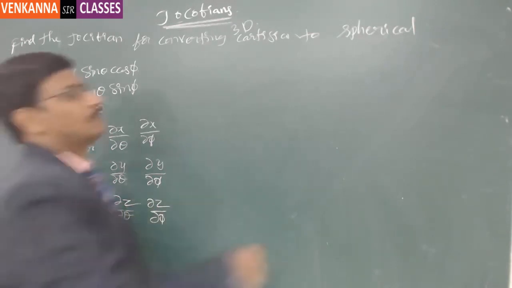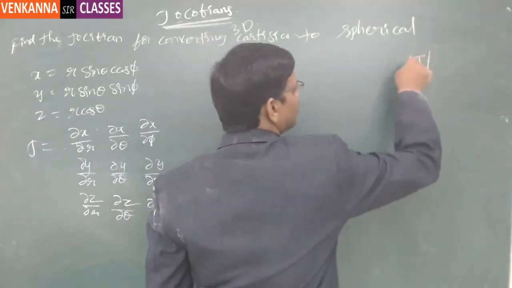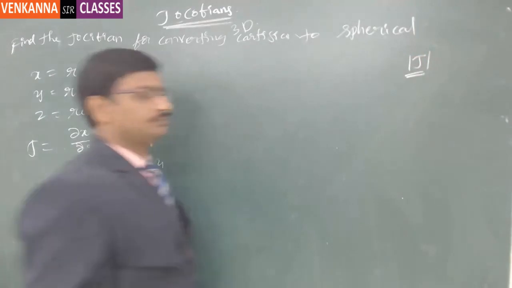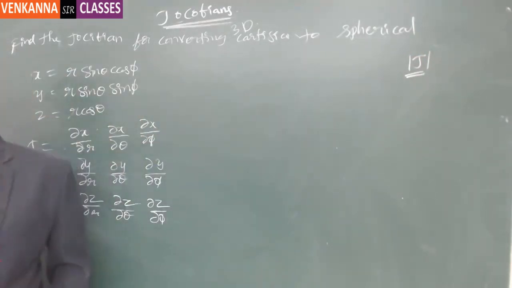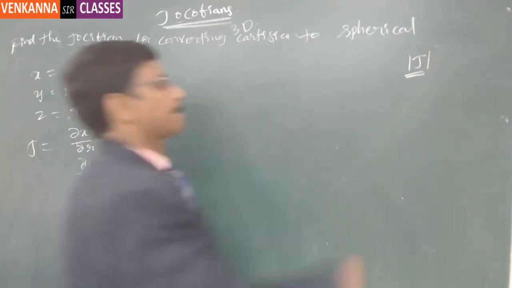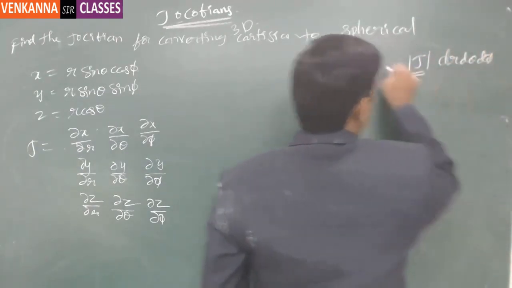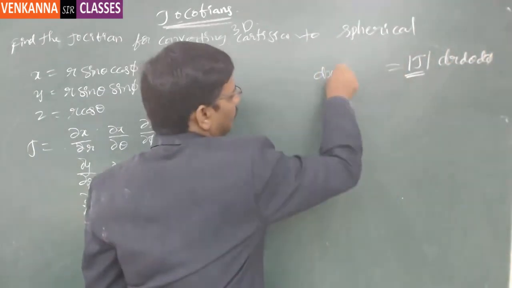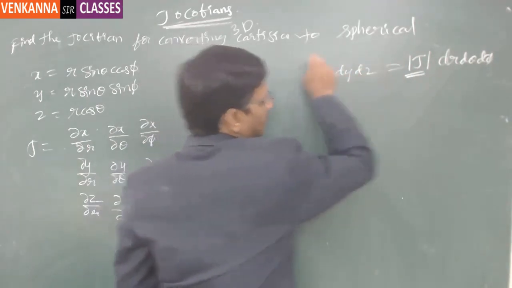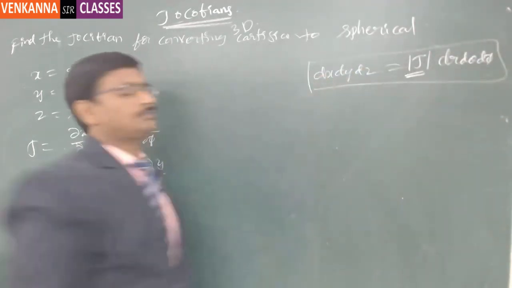And to notice, while taking the Jacobian, you always take modulus in the integral. So modulus of J into dr d theta d phi, and this is equivalent to dx dy dz. These two are equivalent.